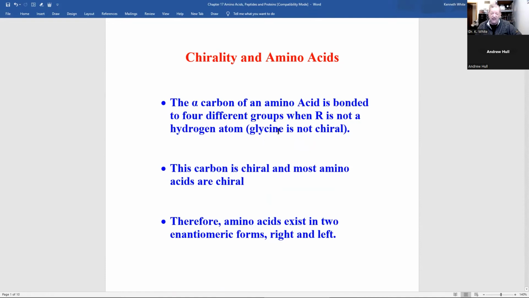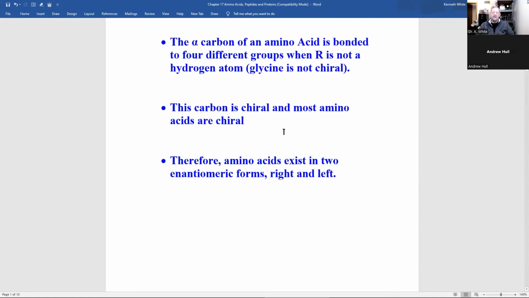When it's hydrogen, it's glycine, but everything but glycine, the alpha carbon is chiral. Therefore, most amino acids are chiral, which means they exist in 2 forms, an enantiomeric form, right and left, mirror images that are non-superimposable. By the way, that plays an important role in our RNA and DNA.